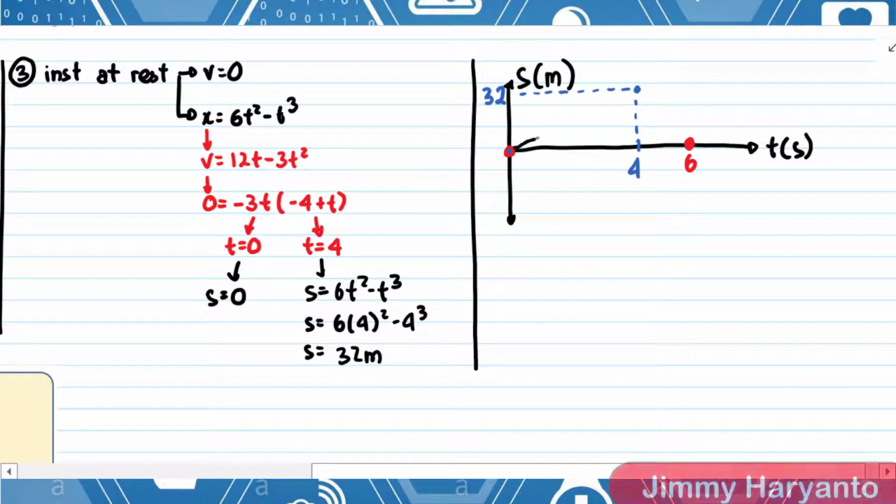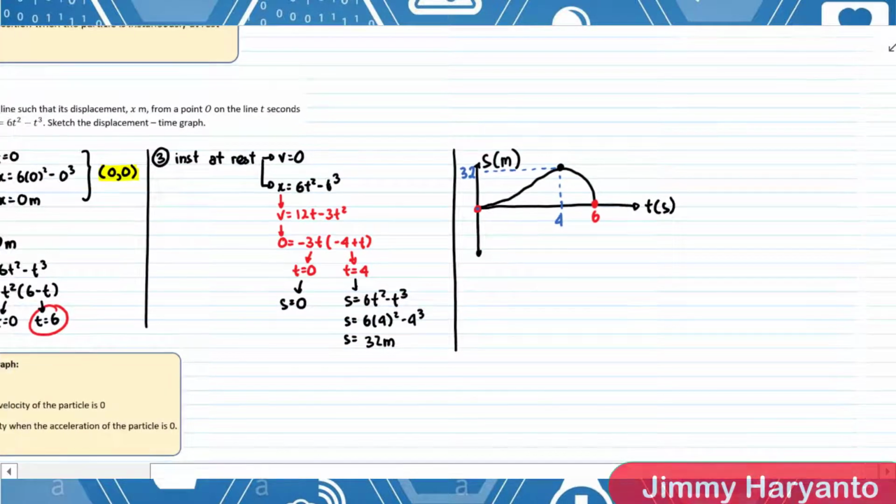You can draw it like this, or you can draw it like this also, because we don't know the acceleration yet. So this is only a sketch, right? As long as you know that you have to take a U-turn at this point, that's okay. So I will draw it like this. Okay, that is the sketch.